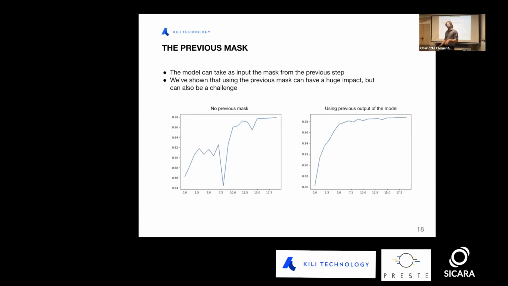And now the previous mask. We can actually input to the model an empty previous mask, so all zeros. And you see that a lot in the training data, because if you make the first click, you can't input a previous mask. But if you make all zeros in the input to the model, actually our performance goes very bad.